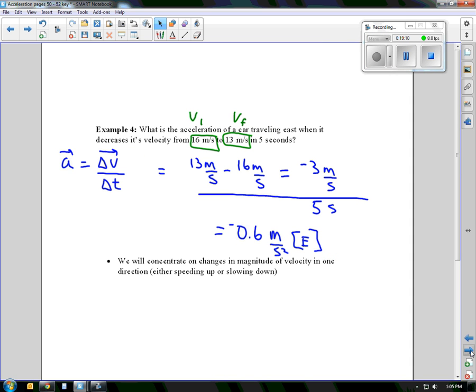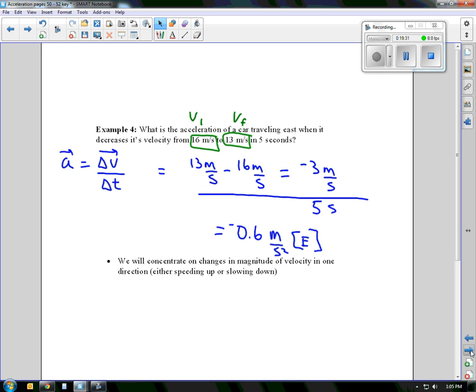Okay, last one. What is the acceleration of a car traveling east when it decreases in velocity from 16 meters a second to 13 meters a second in 5 seconds? So this is slowing down in a positive direction. That'll be negative acceleration.